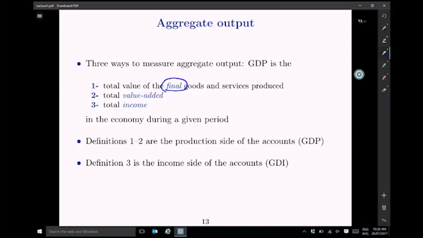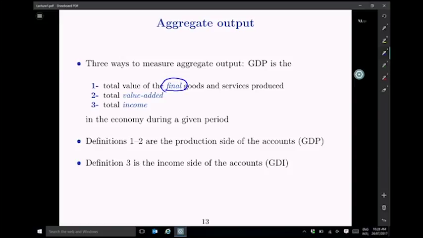Like in our example in the next slide, we have a car company and a steel company. To produce cars, we need steel. So steel would be an intermediate input, an intermediate product. If you calculate GDP using the first way, the total value of final goods and services, we shouldn't include intermediate input.